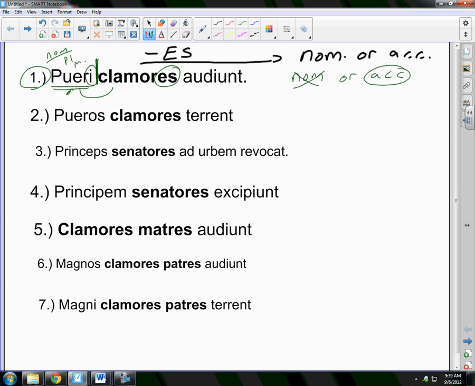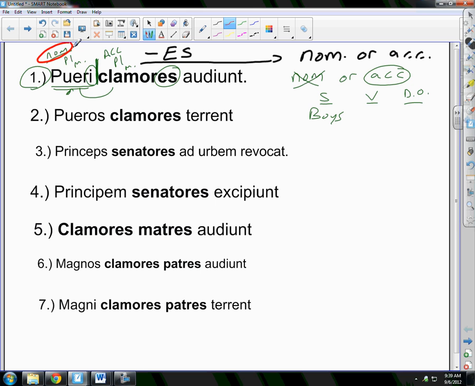And why is that important? Well, if I'm dealing with a subject as a nominative, a main verb, and then a direct object as an accusative, I can look back and see that I have an accusative here, accusative plural and masculine. So I have boys. That's the subject because it is nominative right there. The verb is obviously audiunt.